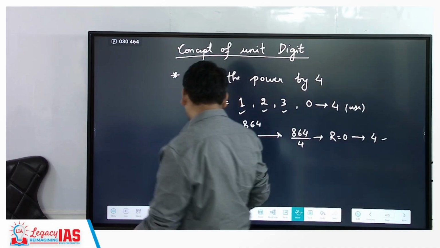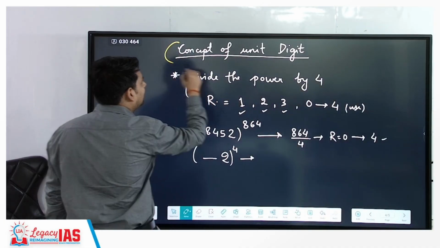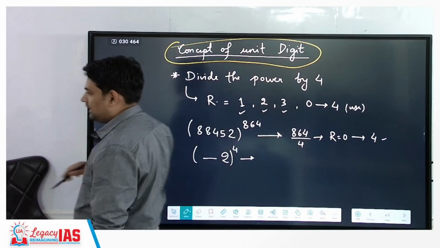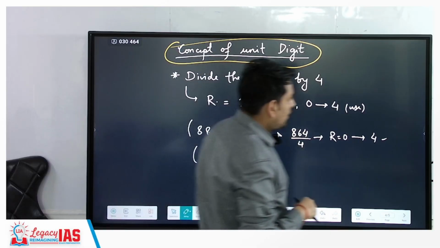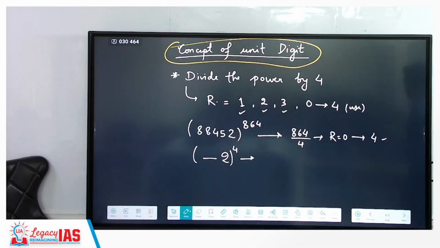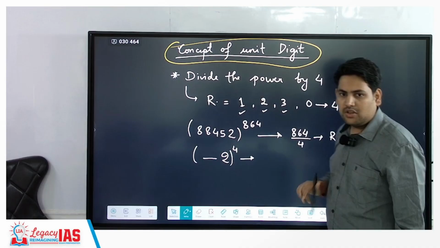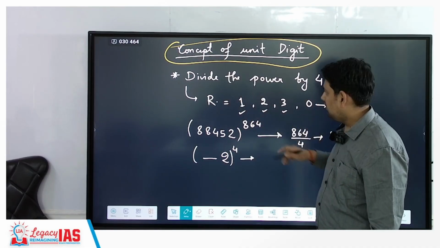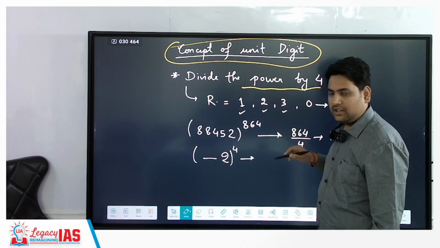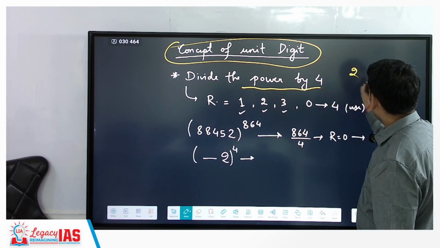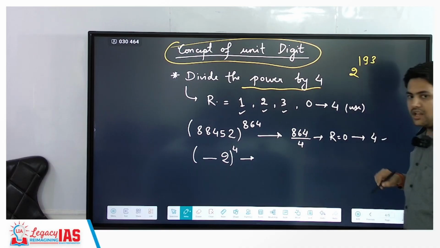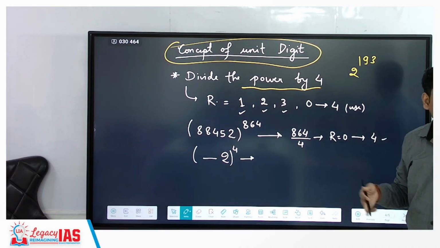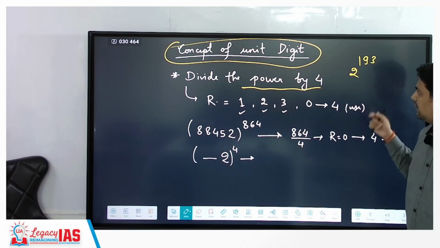Now comes the concept of unit digit that we need to do. Okay? So for finding unit digit, whatever power is given to you, you divide it by 4. Like, if I give you 2 power, let's say 193. Now I ask you, what will the unit digit be? 2 power 193.